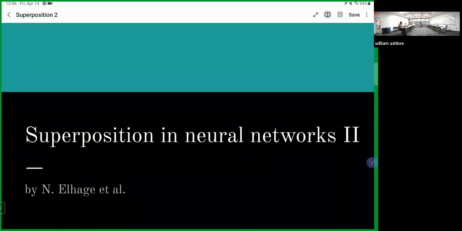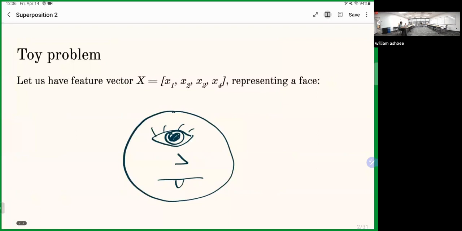To begin with, let's not give cryptic definitions in the beginning, but start by considering a toy problem.